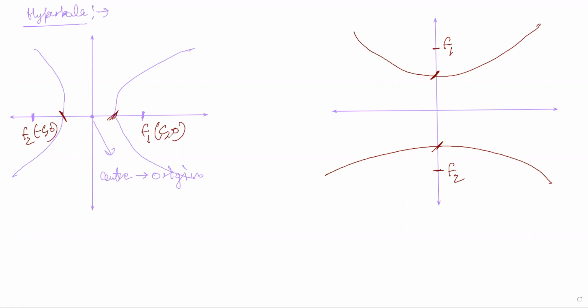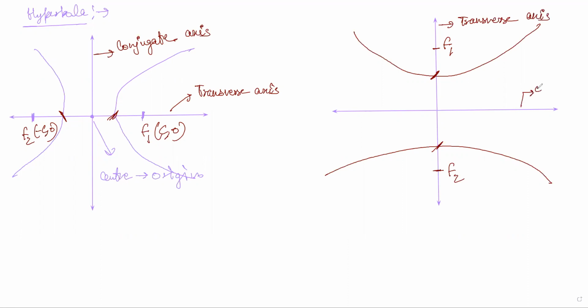Okay, so let's start with some simpler terms now. So this axis is known as transverse axis. Hence, this axis is known as conjugate axis. So that axis which will be cutting the hyperbola will be known as transverse. So in this case, this is transverse axis and this is conjugate axis. Now these are vertices.